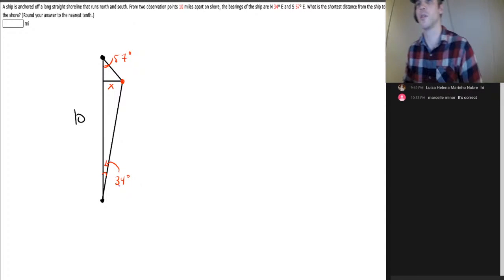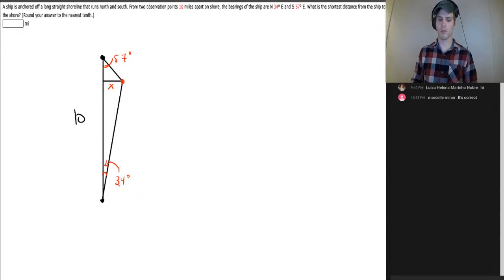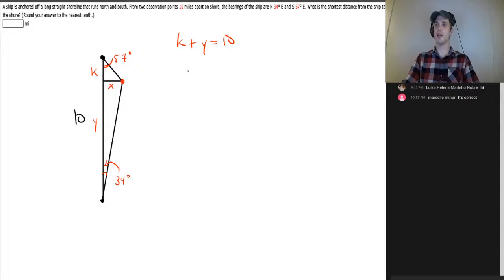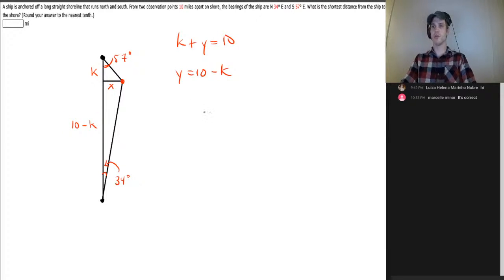And then we want X. Let's give this an unknown side here, K, and then the other piece, let's call it Y. So K plus Y equals 10, which means Y equals 10 minus K. So we've got both of those in terms of K. This is 10 minus K. So those are the two sides there.